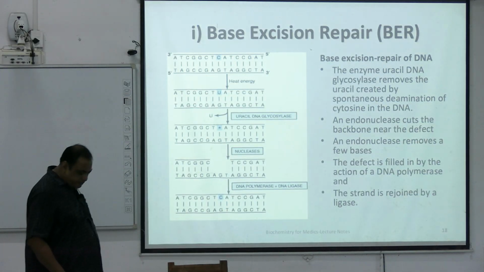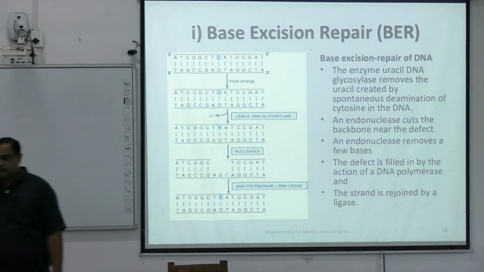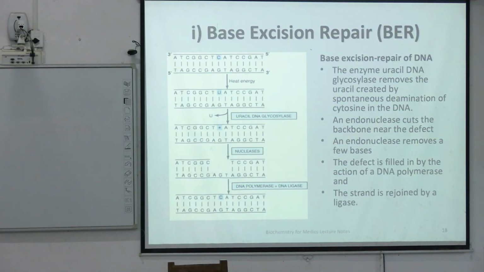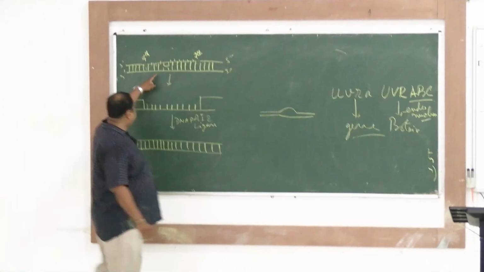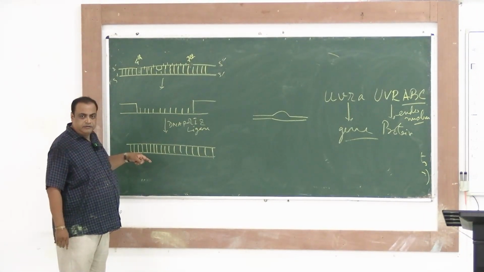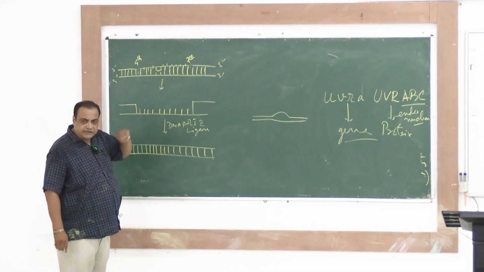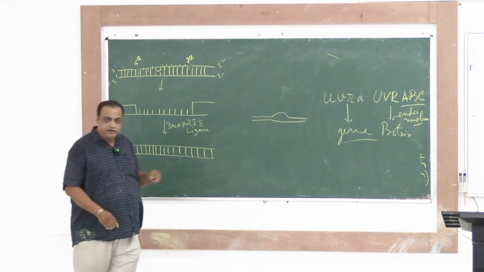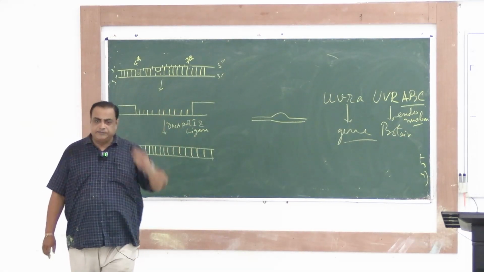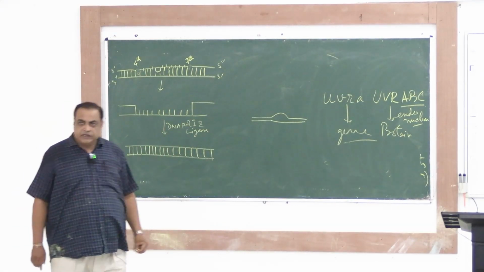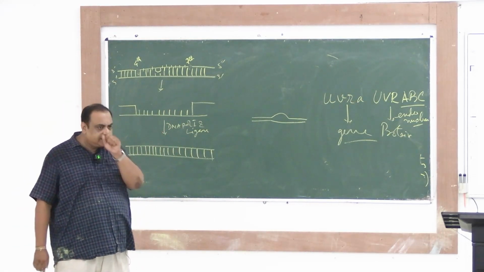Now, base, what is added? In between these 2 steps, there is one extra step. What is that? In case of base excision repair, they point out the faulty base.